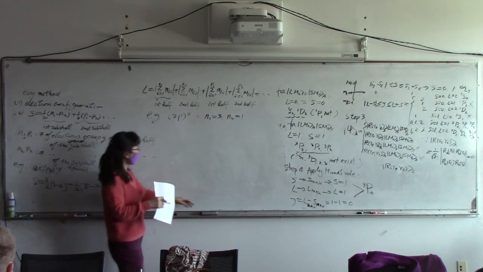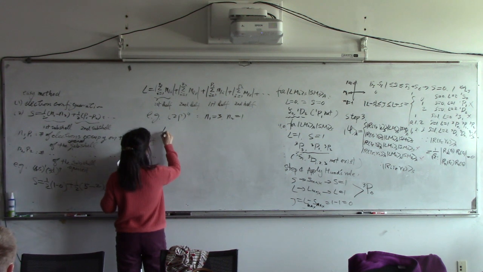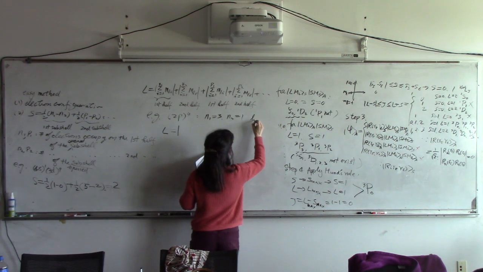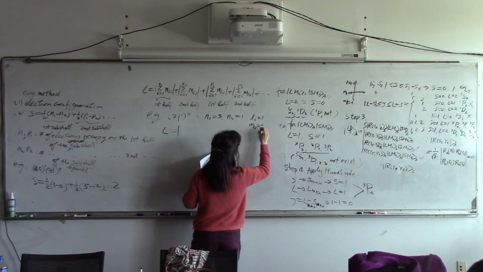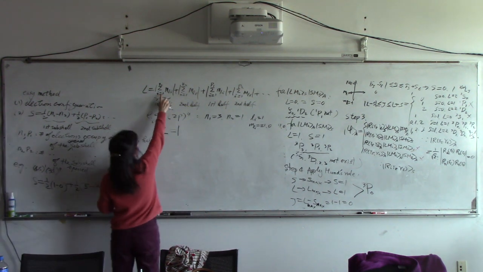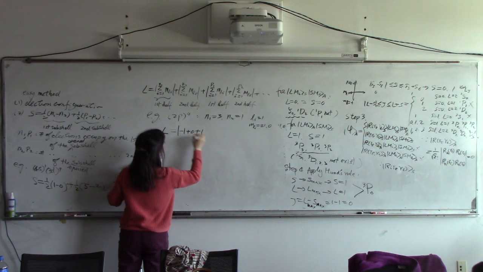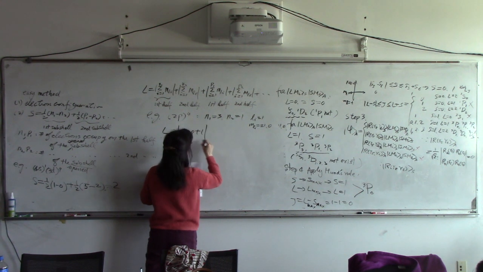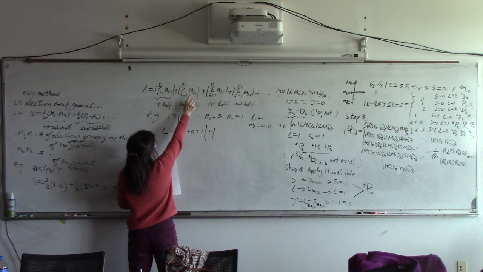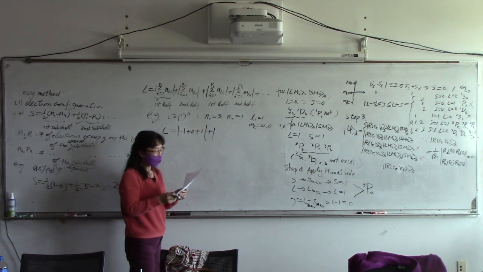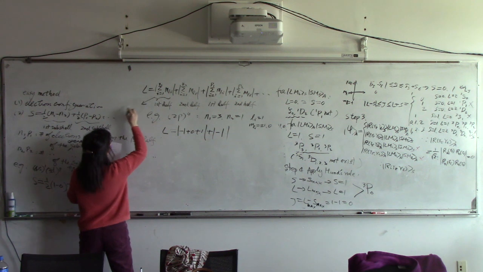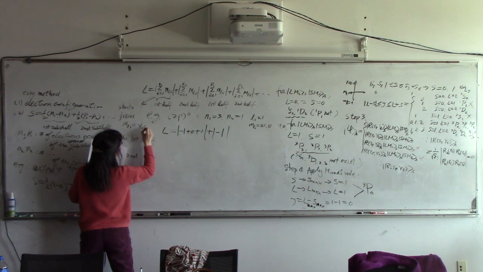Now for L, since l is 1, ML i takes the 3 values minus 1, 0, and plus 1. So for the first half, it is minus 1 plus 0 plus 1, all the possible values. The second half: the summation starts from the lowest ML i, from minus l and goes to minus l plus 1.